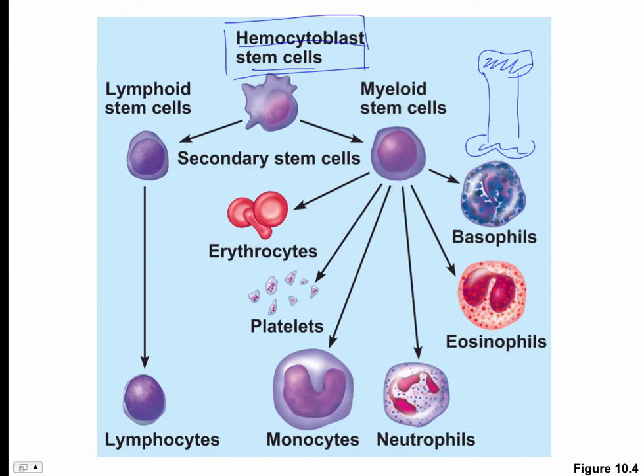From this, we give rise to two stem cell lines. We have lymphoid stem cells and myeloid stem cells. From the lymphoid stem cells, we're going to give rise to both those B and T lymphocytes. Myeloid stem cells are going to give rise to these monocytes, which turn into macrophages, which serve as our antigen-presenting cell.